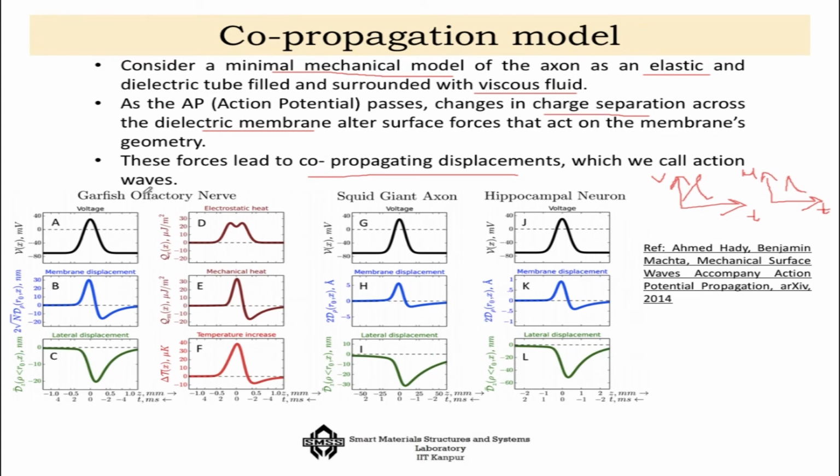So this is checked with the Garfish olfactory nerve, that there is this voltage propagation and the change in the membrane displacement. Both are happening. And you can also see that there is a mechanical heat that is happening, and there is a temperature increase and decrease. Similarly, the same thing is obtained from the squid giant axon and the hippocampal neuron. In all the cases, they see that there is a membrane displacement, and there is a lateral displacement that's happening in the system.